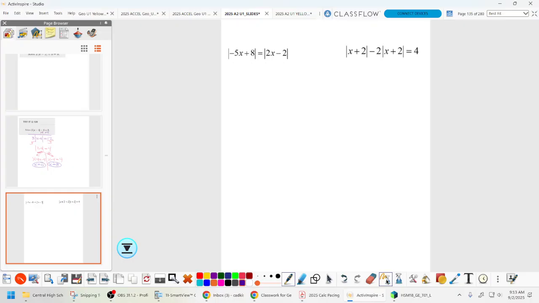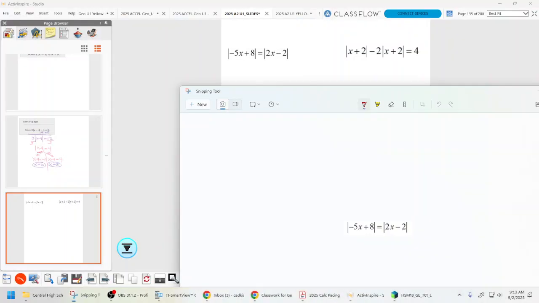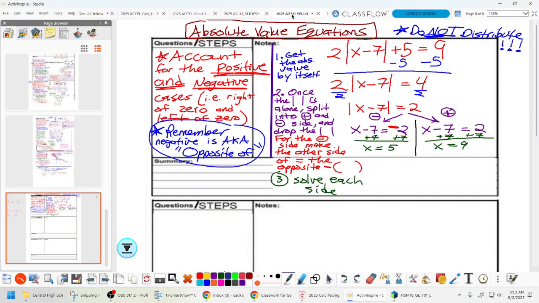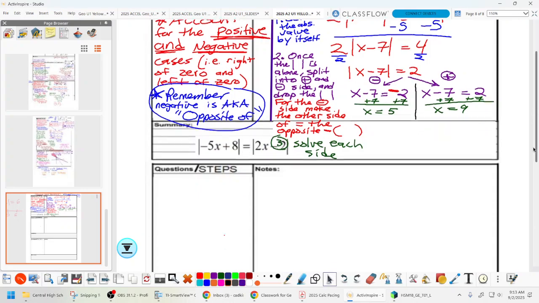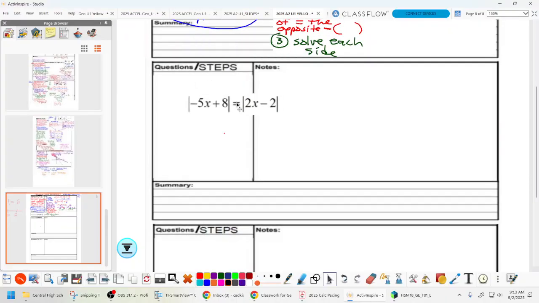Yeah, so let's put these as examples in your notes, just for more to look at. And I think this case, I'm just going to do one on each side. We're not going to write specific notes.